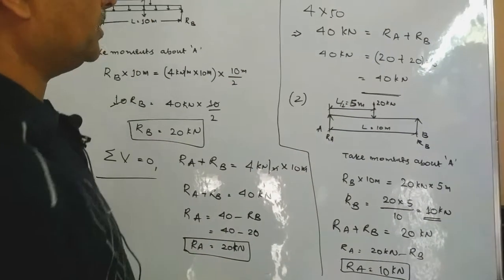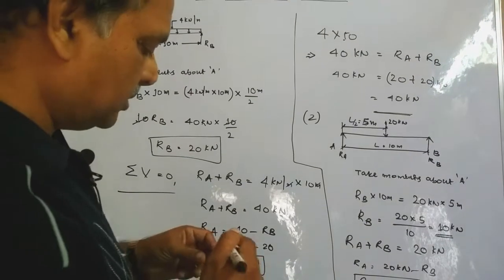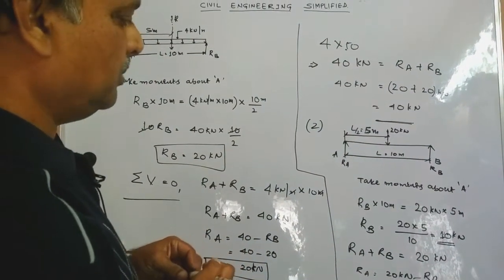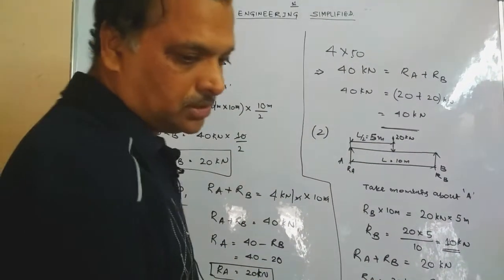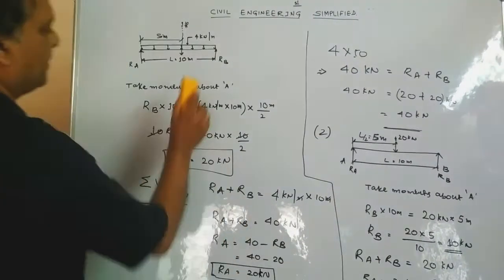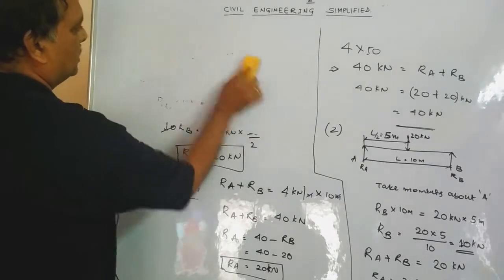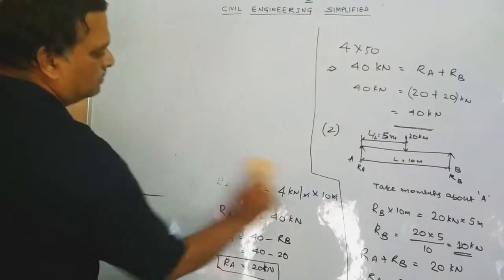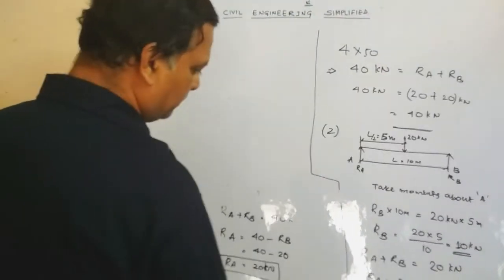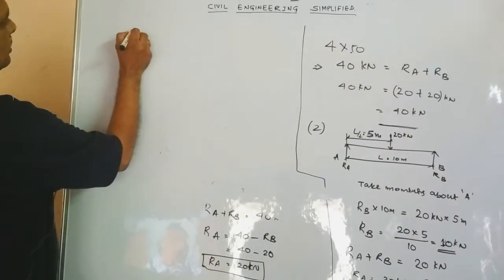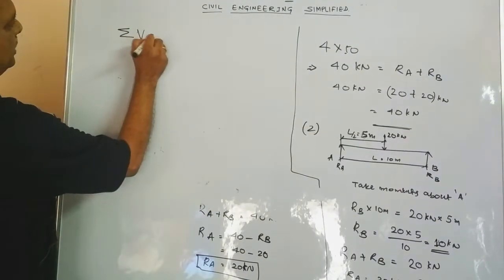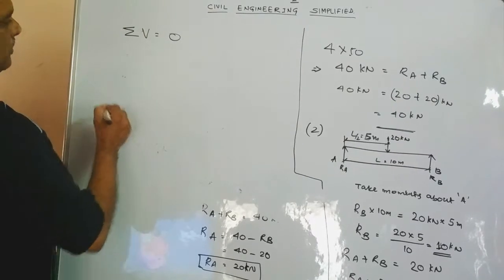We can apply a simple check. As I told, the summation of all the vertical forces should be equal to 0. So here also we are cross checking our result, whatever we have calculated, whether it is correct or not. I will rewrite the equation, sigma Fy equals 0.